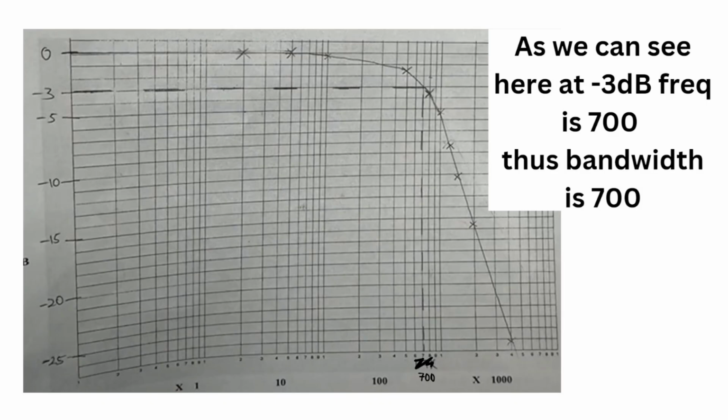You can see from the graph that at the low frequencies, the gain in decibels is relatively unaffected, and only towards the 700 mark does it really start to roll off. And at 700 is the point where gain is -3 decibels, so thus that is the cutoff frequency. 700 is our cutoff frequency, and thus the bandwidth is 700.